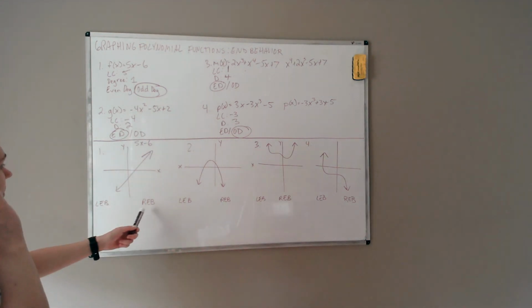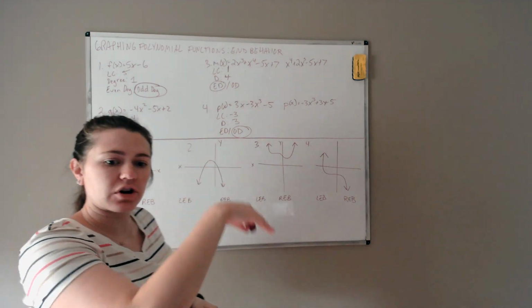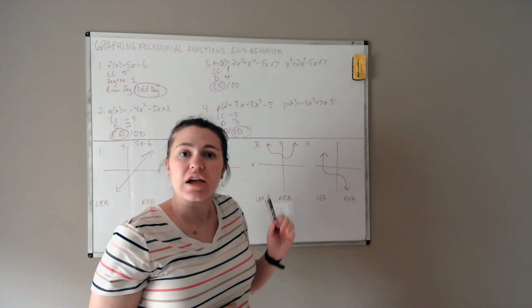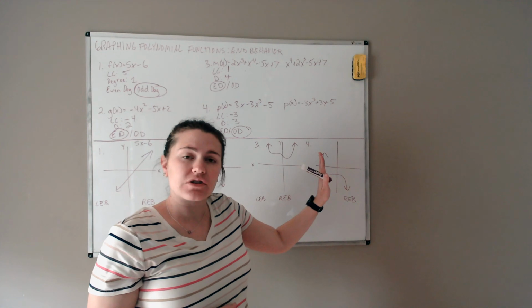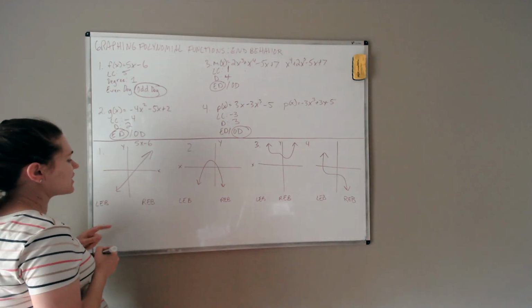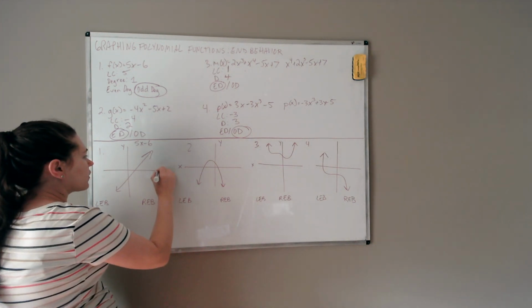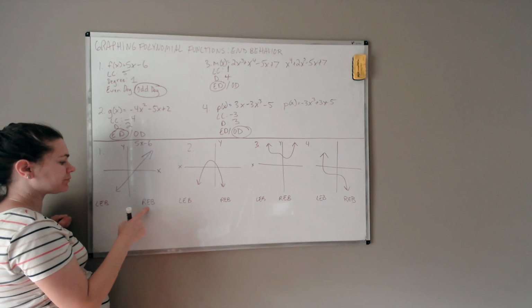When we talk about what's happening at the right end, after all of your curves and changes in direction, your right end is what y is going to as x goes to positive infinity. We'll start with the right end.